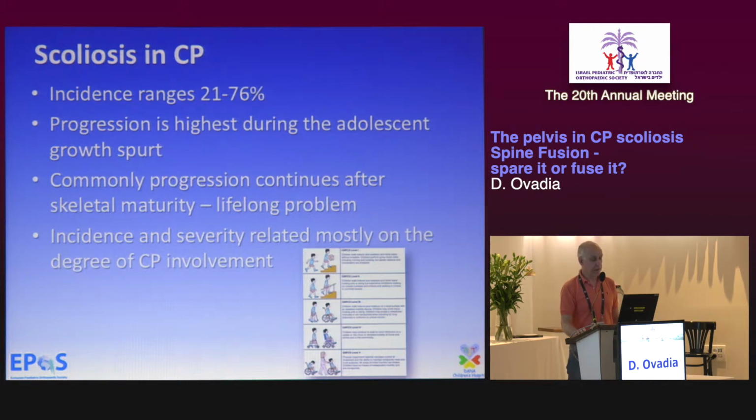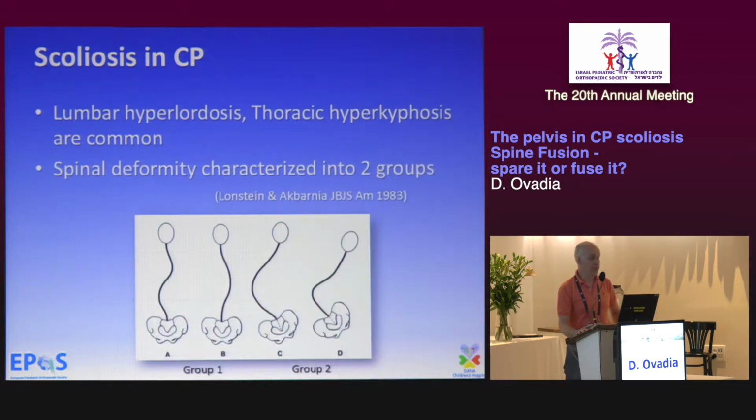And we should always remember that it's not idiopathic scoliosis, and the progression can continue after skeletal maturity because the disease continues and it's a lifelong problem. And the incidence and severity of scoliosis is mostly related to the degree of the involvement of the CP.